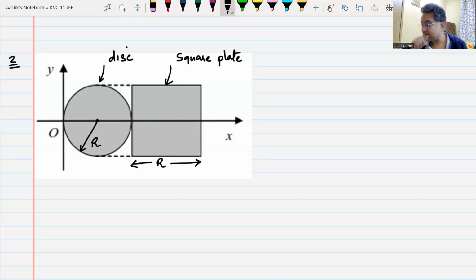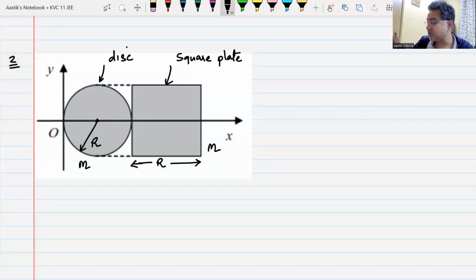You have to locate the center of mass of this system. We can assume that mass of this disc is m, and mass of this square plate is also given as m. Both are having same masses. You have to find out the center of mass of this composite system. I'll give you 2 minutes to do it.